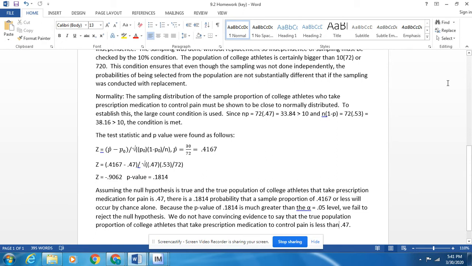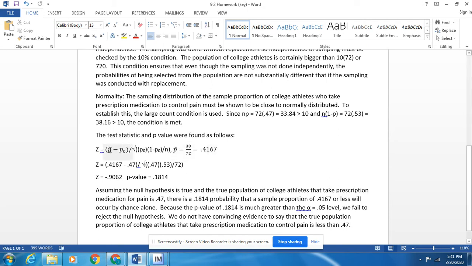I want to zoom in on the key here. I've posted this key already, so maybe you've already looked at this, but I want to show a couple things here. First of all, on how the test statistic was arrived at. And I want to make sure that we know how to do this with our calculators.